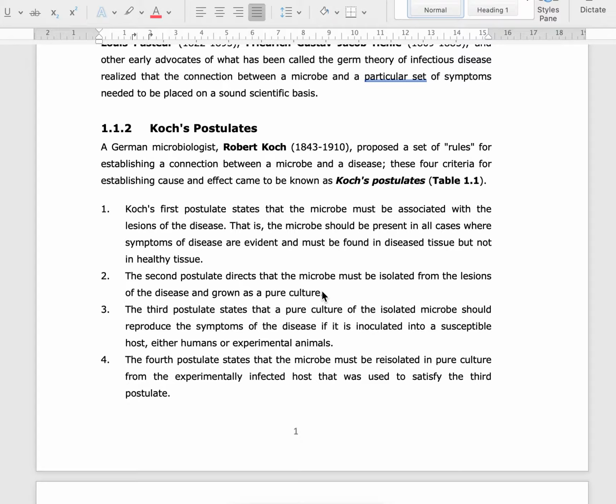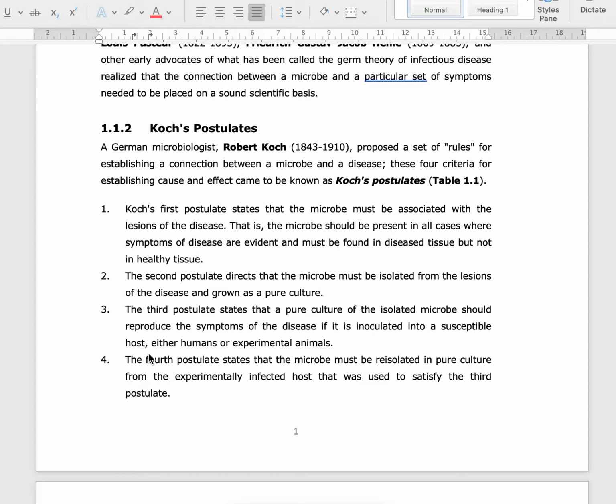If we introduce this pure culture into that susceptible host, then that host should get the same disease. And the fourth postulate states that from this diseased host we have to re-isolate the same microbe as a pure culture.